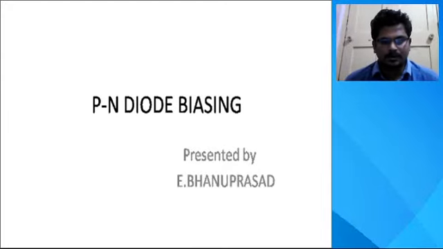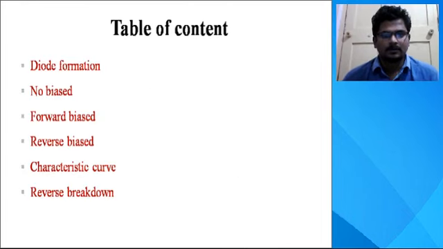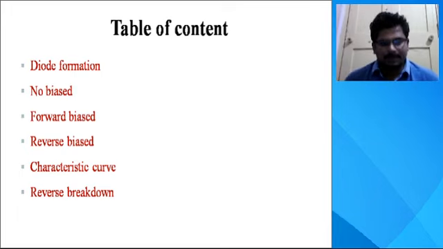In this video lecture we are going to discuss the PN diode biasing. These are the table of contents: the diode formation, no bias, forward bias, reverse bias, characteristic curve and reverse breakdown.